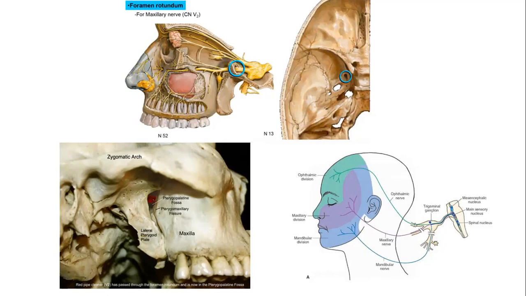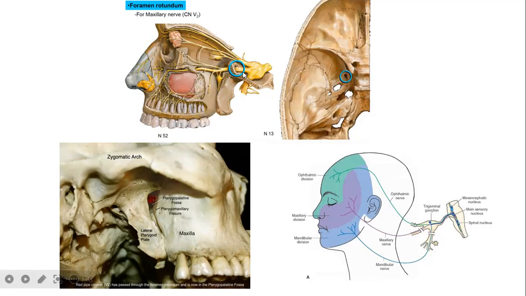It enters the foramen rotundum. It supplies branches within the cranium, within the pterygopalatine fossa, and enters into the infraorbital canal, and it emerges outside onto the face and supplies branches.